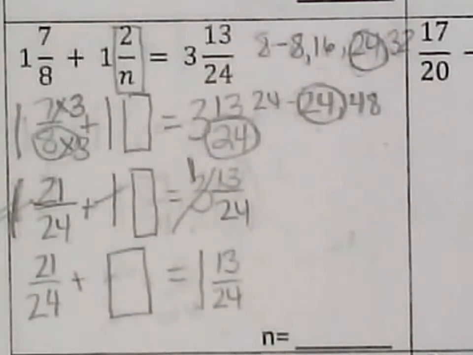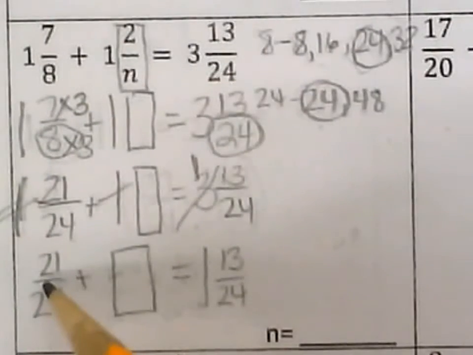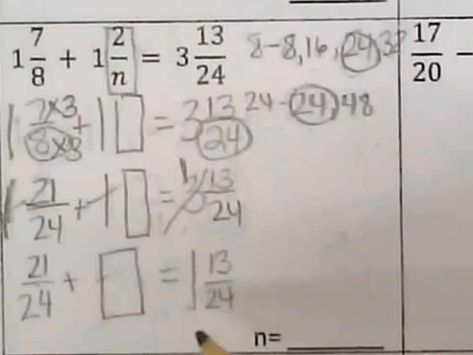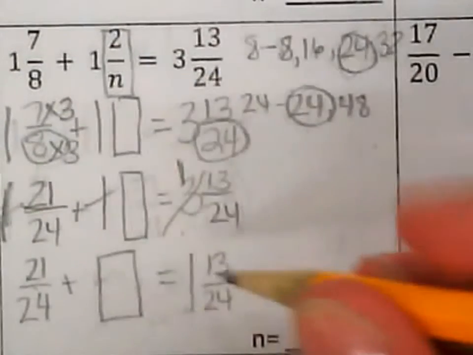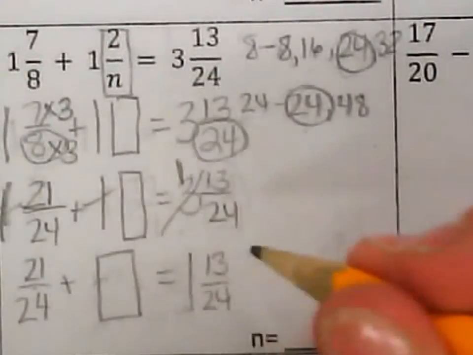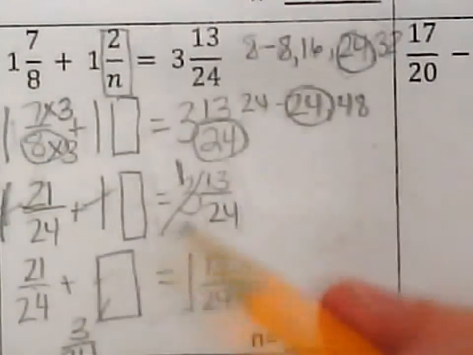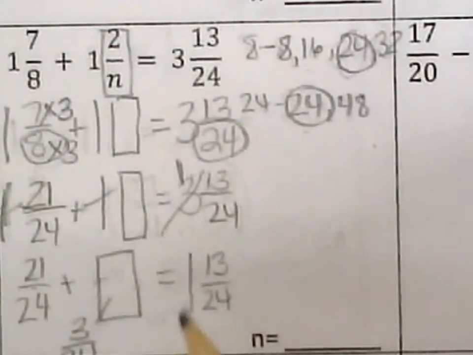So they should realize that 24 24ths is equal to one whole. Well, if I already have 21 right here, 21 plus what is going to get me to that 24 24ths? And they should realize that if I add 3 24ths to it, that's what's going to give me that one whole. 21 plus 3 is equal to 24 24ths.